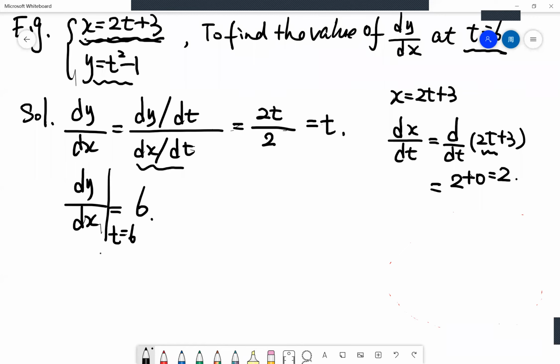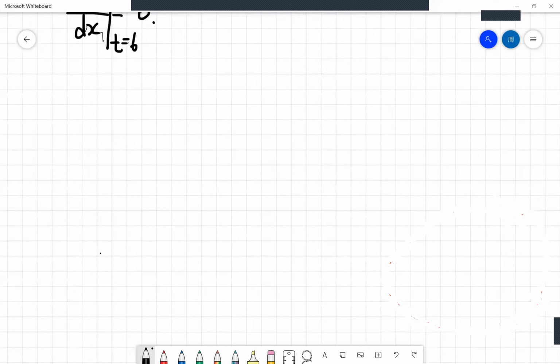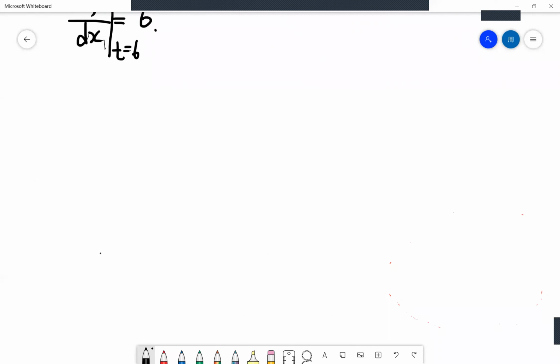Now we have another question: we want to find the derivative of a special function that we call an implicit function. What do implicit functions mean?